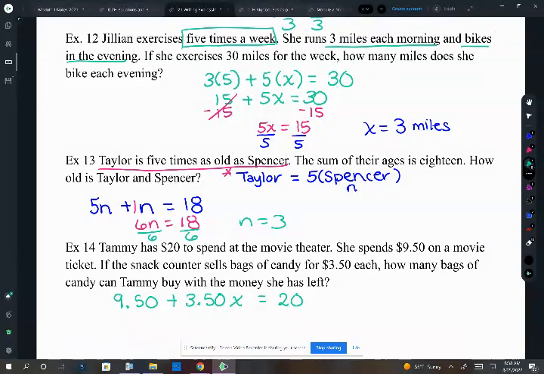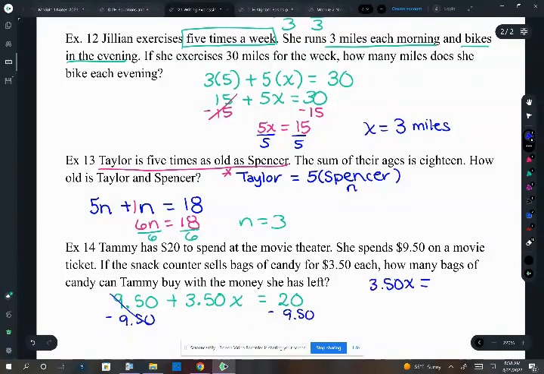So how do we get rid of $9.50? We are going to subtract $9.50 from both sides. And then we're going to get $3.50x. And if I do 20 minus $9.50, then you're going to get $10.50. And then you're going to solve by dividing.